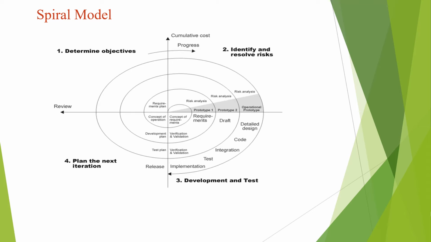The model is represented by a spiral, meaning each cycle contains four stages, and each stage is represented by one quadrant of a Cartesian diagram. You can see this diagram of the spiral model. The radius of the spiral represents the cost incurred so far in the process.